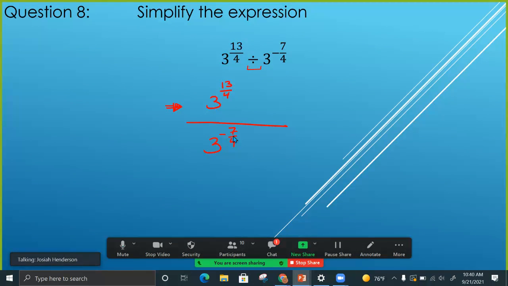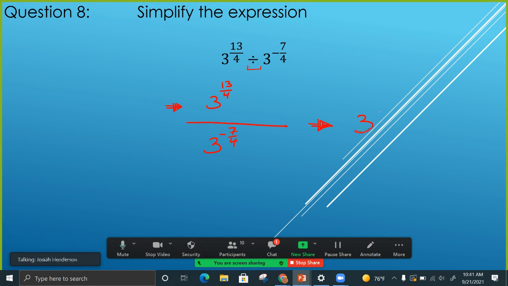We've already done some problems earlier similar to this, where we have the same base, 3 and 3, and one's on the top and one's on the bottom of a fraction. And we know that means top exponent minus bottom exponent.